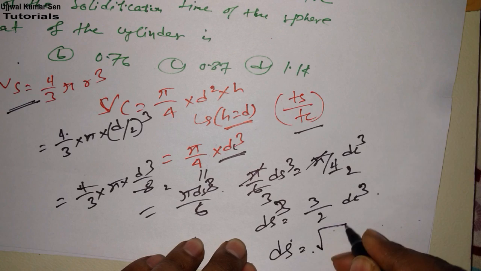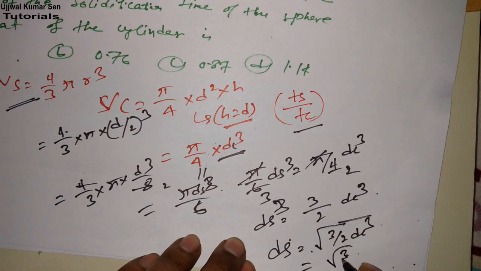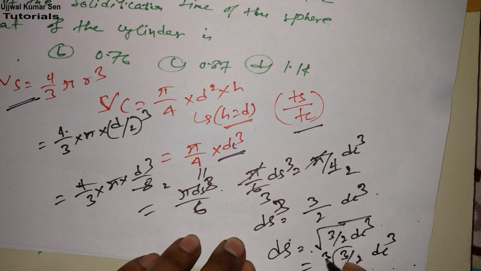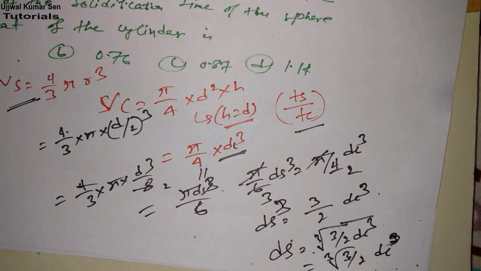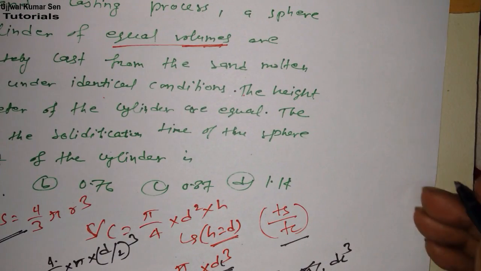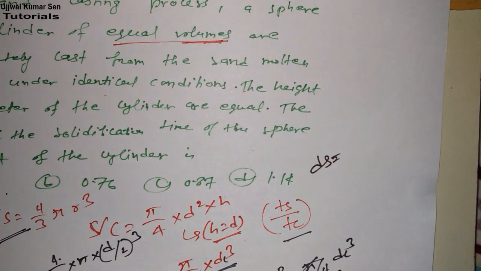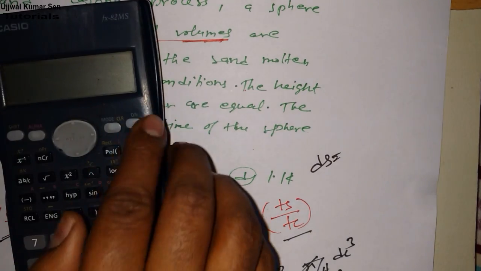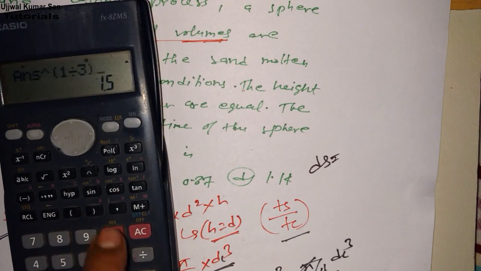Now ds cube is equal to 3 by 2 dc cube, and we can take the cube root, and because dc is cube, that means it will be dc. So what we got here till now, ds is equal to, we need calculator, right? We need calculator. 3 by 2, this one we have to find out cube root.